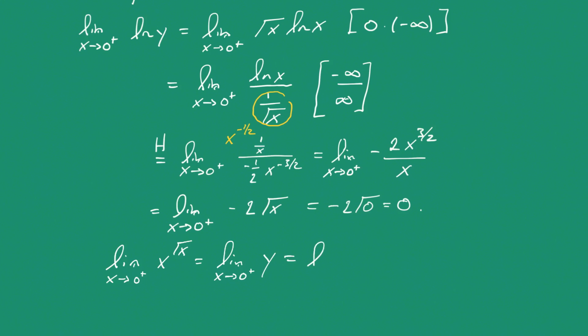I'm just using exactly the procedure outlined at the start of the video. This is the limit as x tends to 0 from the right. How can we write y in terms of log y? Because we know the limit as x tends to 0 from the right of log y. Well, we write it as e to the log y.